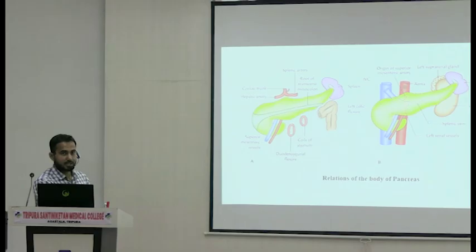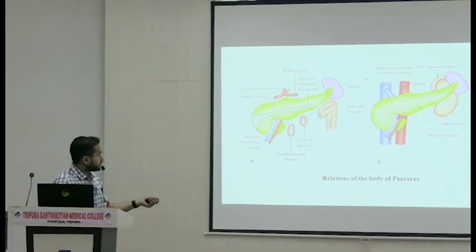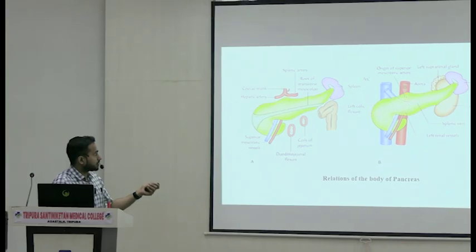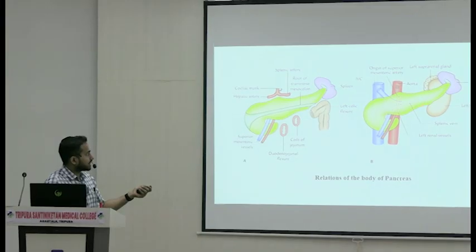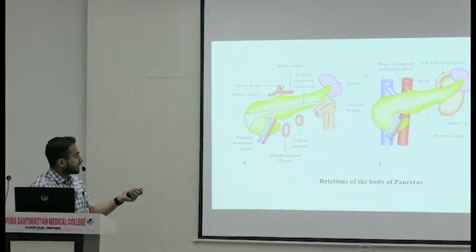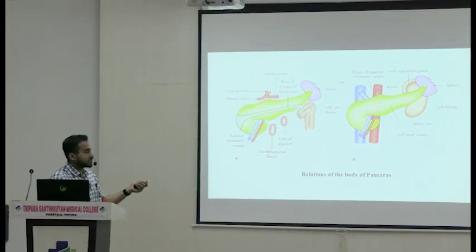Now here you can see the diagram. This particular part is the body. This is the superior border, this is the inferior border, and this particular part is the anterior border.